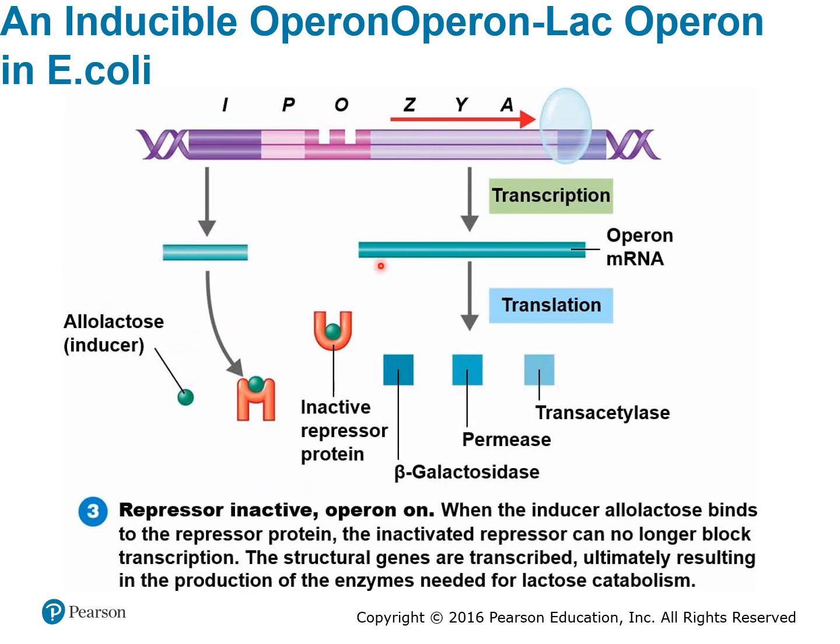And so to turn on the expression of these genes, what needs to happen is there has to be an inducer. Now, what is the inducer in this case? Remember that this is the lac operon, meaning that those are the genes that are going to help metabolize lactose.